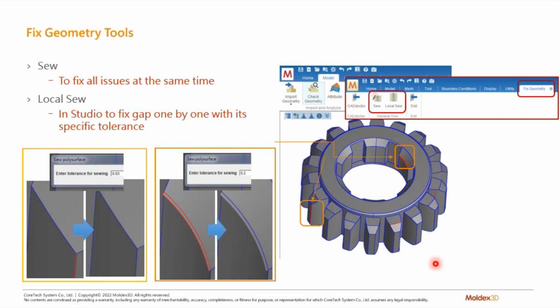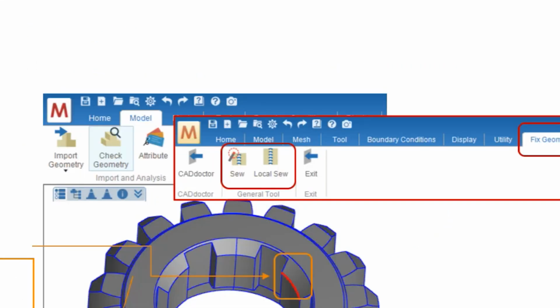Now, similarly, you also have functions called sew. There are two options available here. If you can see in the zoomed in picture, there is an option called sew, as well as an option called local sew.